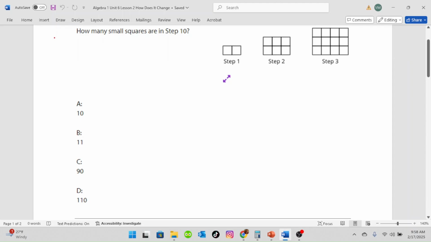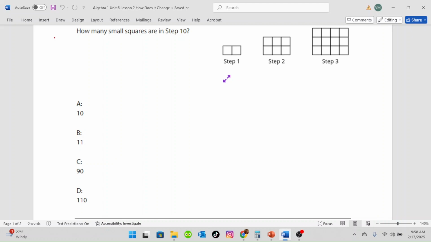How many squares are in step 10? So the first thing we need to start getting used to in these lessons is going to be pattern recognition. And there's 2 things that I would encourage you to look for when you're trying to notice these patterns.